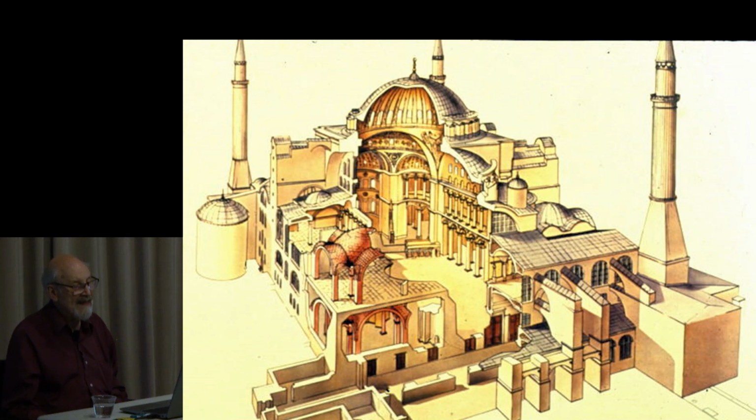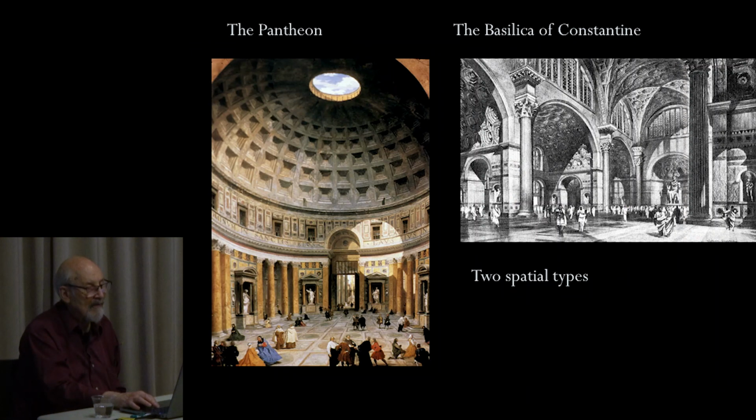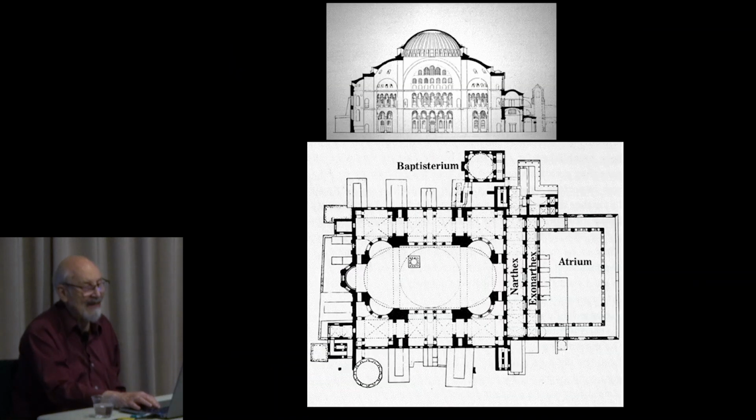And here you can see at this point in the drum of the dome the many, many windows. The plan is like a combination of the Pantheon and the Basilica of Constantine, but much, much lighter.